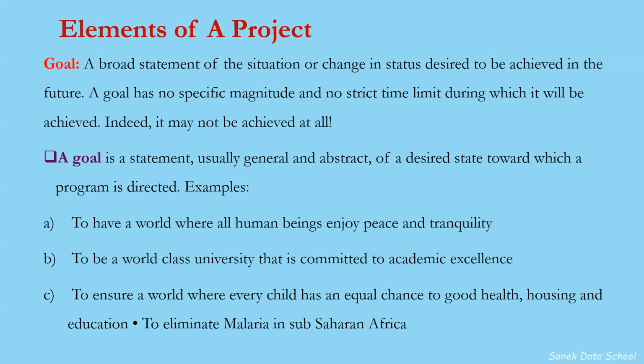So a goal, we can also define it as a statement of a desired state towards which a program is directed. An example is to have a world where all human beings enjoy peace and tranquility. That is a goal, but it has never been achieved.